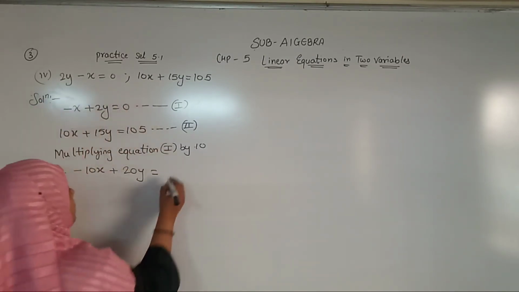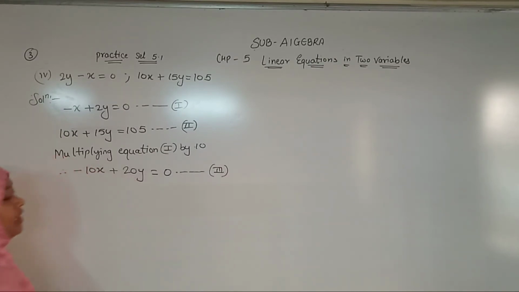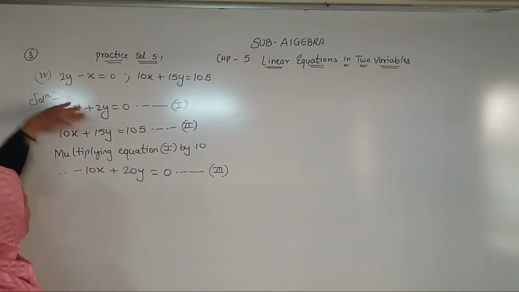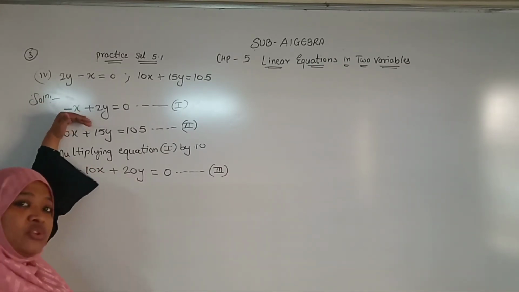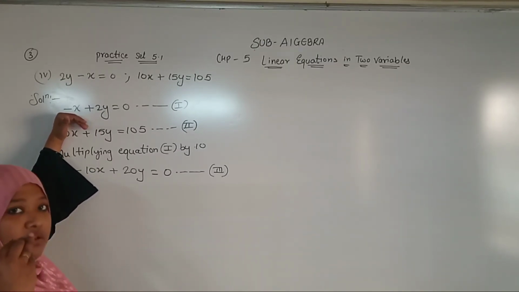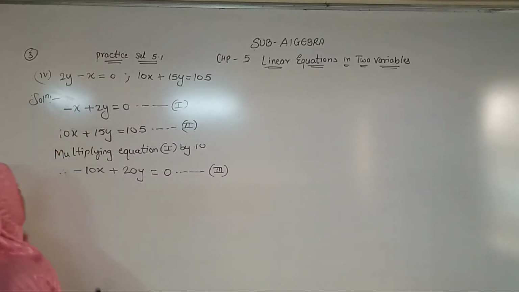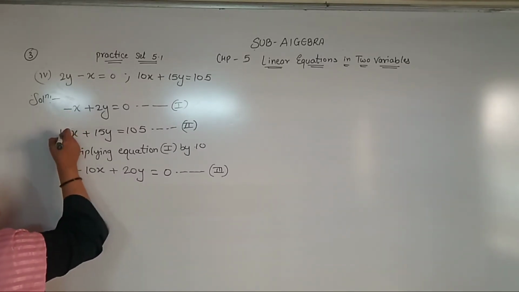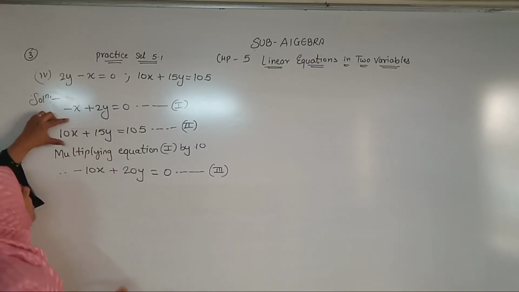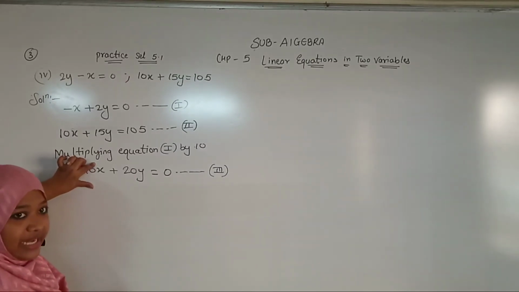And 10 zeros are 0. So I got equation number 3. Understood? If our variable coefficients are unequal, we should multiply each equation by a number to equalize that variable with the other equation. Okay? So now see equations 2 and 3. I have plus 10x here and minus 10x here. My terms have become equal.